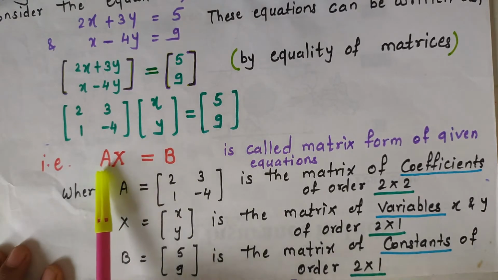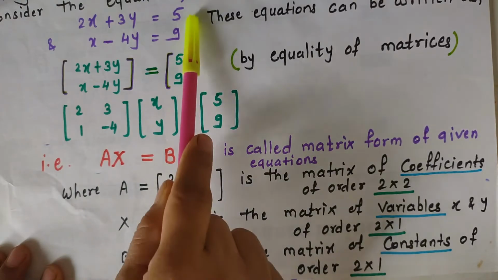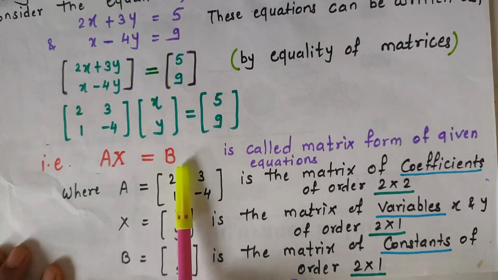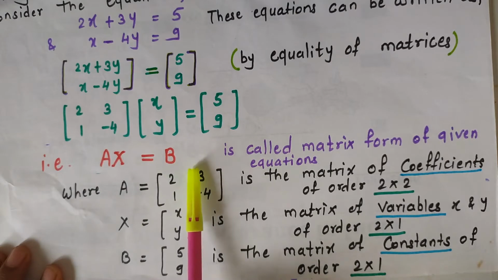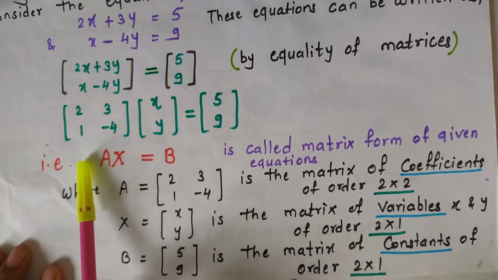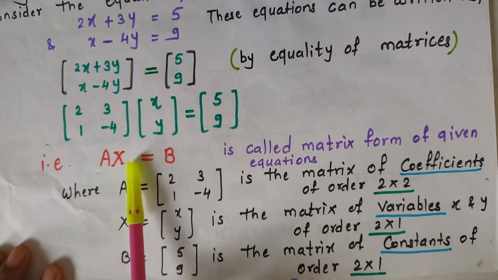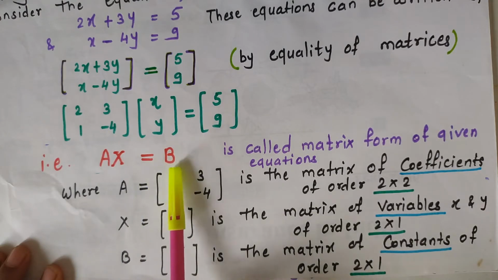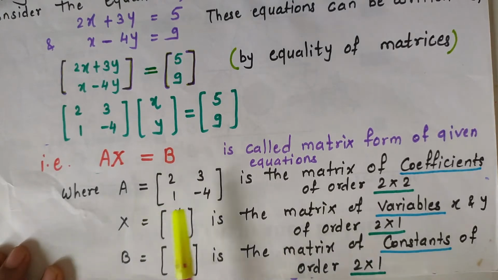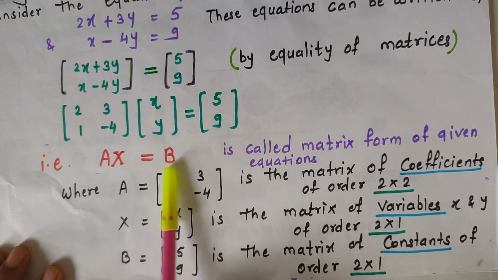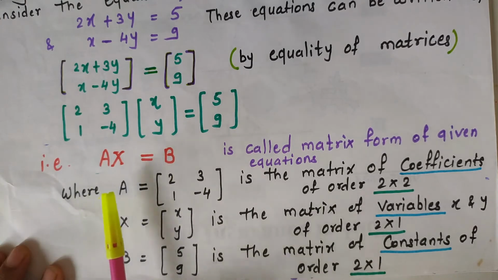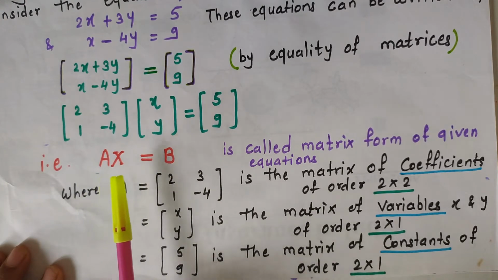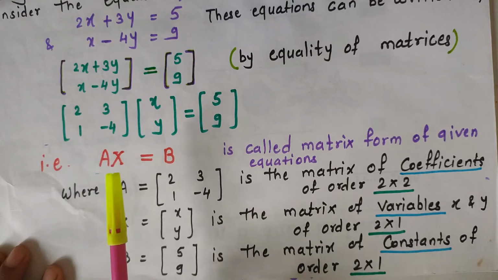So students, the matrix form of the given linear equations is AX is equal to B. Here A is the matrix of coefficients, X is the matrix of variables in the given linear equations, and B is the matrix of constants. So using this matrix form, we can find the values of the variables which are the solutions of the given linear equations.